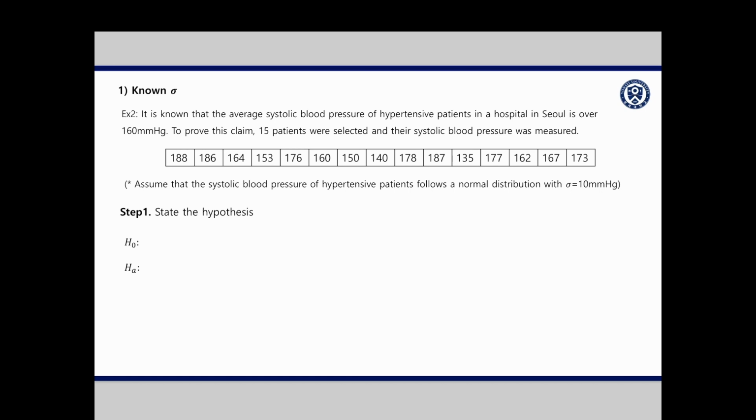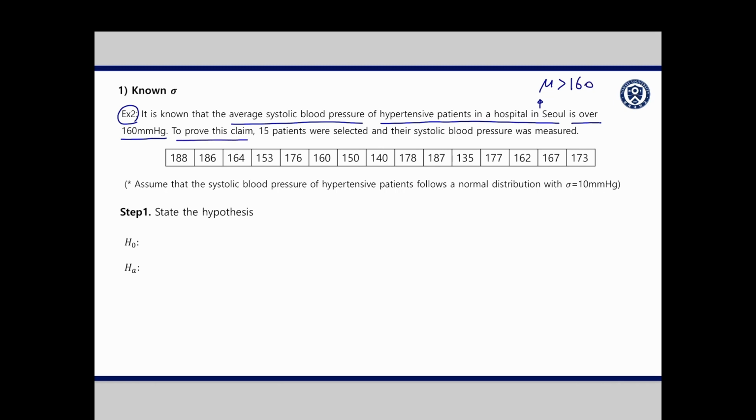Okay. Look at another example, example 2. It is known that the average systolic blood pressure of a hypertensive patient in a hospital in Seoul is over 160. Okay, that is, mu over 160.